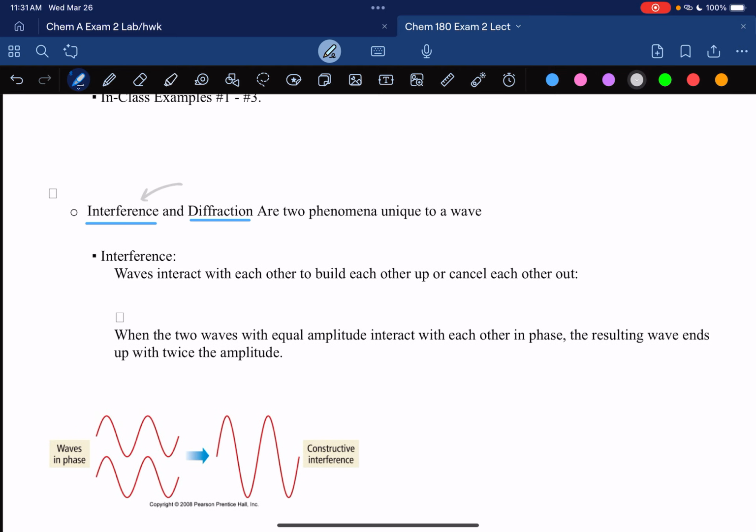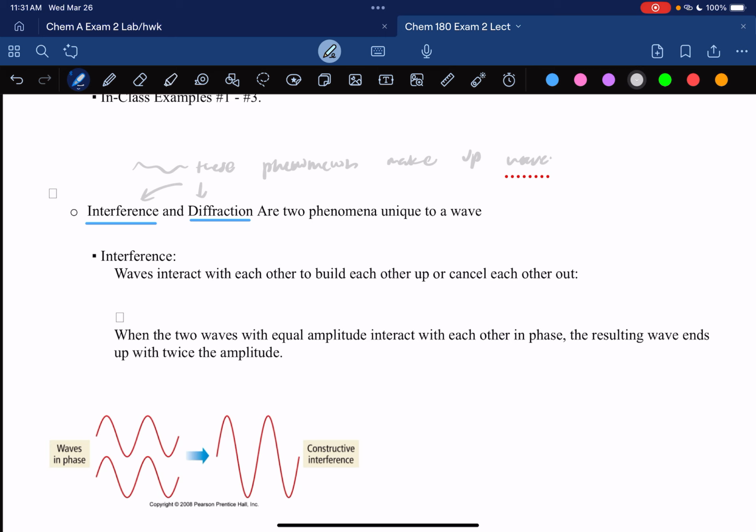So I said light is a wave because it possesses these two properties. What does interfering mean? Okay, so we understand what that means.